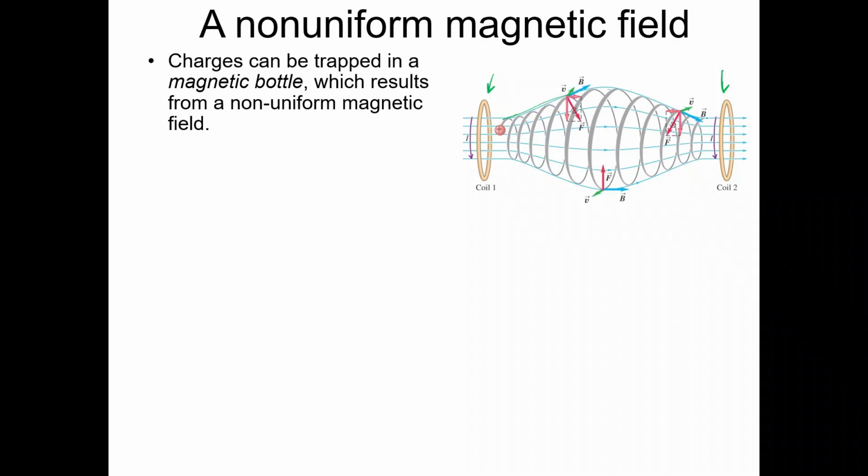The field is actually weaker in the center. What's kind of fun is this creates a trapped effect. If the charged particle is on this side, it's forced to the right. If it's on this side, it's forced to the left. So it actually traps the charged particle, and it cannot escape this magnetic field on its own. It's kind of cool.